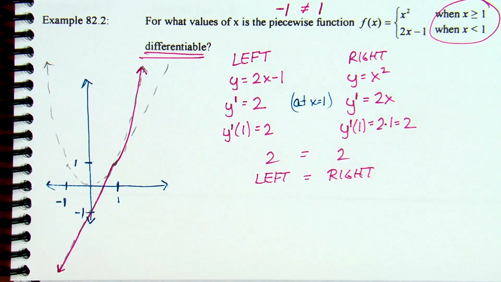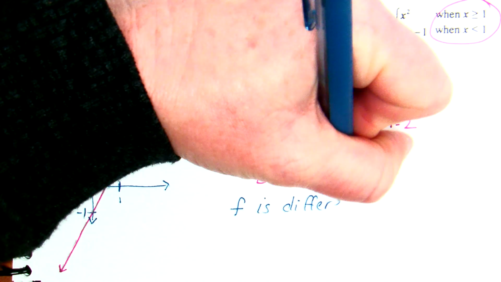So I'm going to say f is differentiable for all real values of x. And I'm going to say including x equals 1.